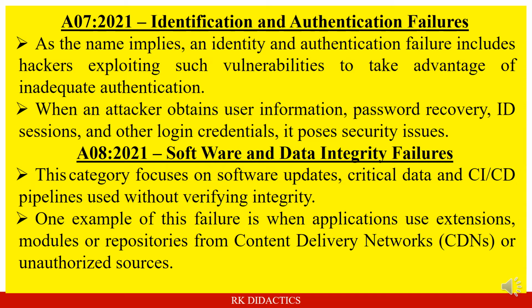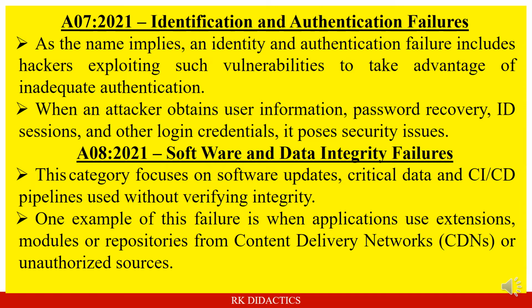So this failure helps the hackers to exploit such vulnerabilities to take advantage of inadequate authentication. So when, without adequate authentication, the attackers obtain user information, password recovery, ID session and other login credentials, it poses security issues. So always there should be strong identification and authentication system.